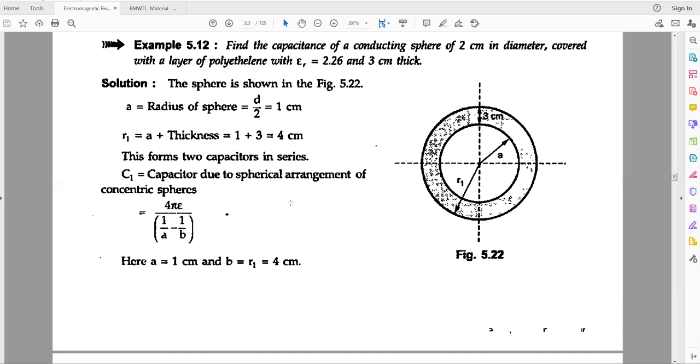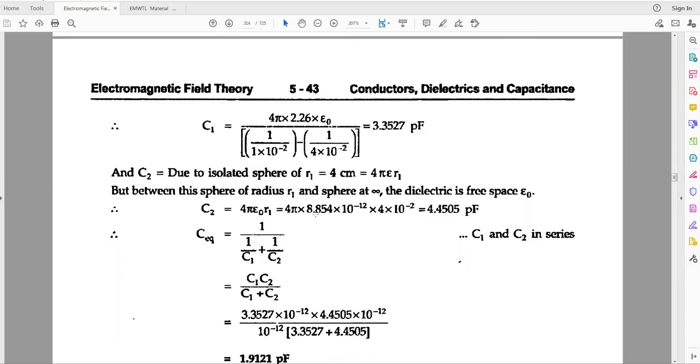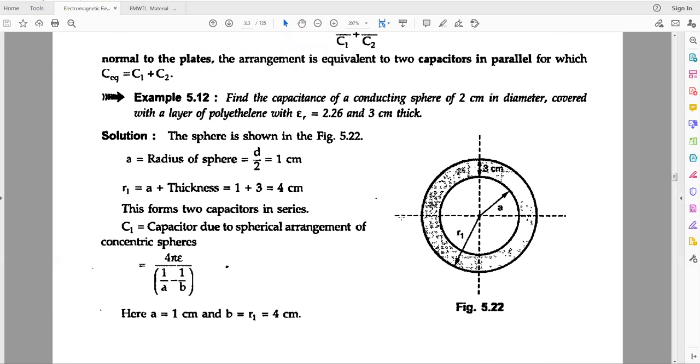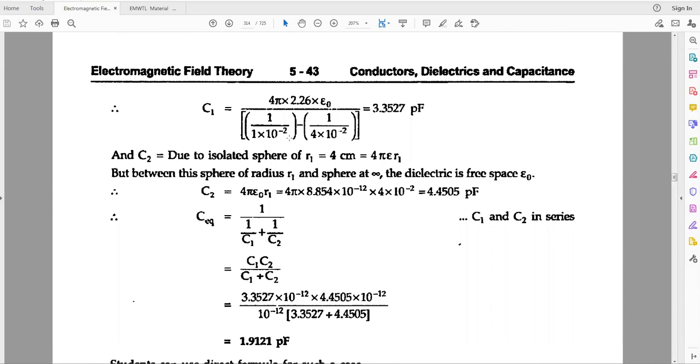Substituting the values: 4 pi epsilon, where epsilon r is 2.26 multiplied by epsilon naught 8.854 into 10 to the power of minus 12, and 1 by 10 to the power of minus 2 minus 1 by 4 into 10 to the power of minus 2, converting centimeters to meters. Got it, my students?